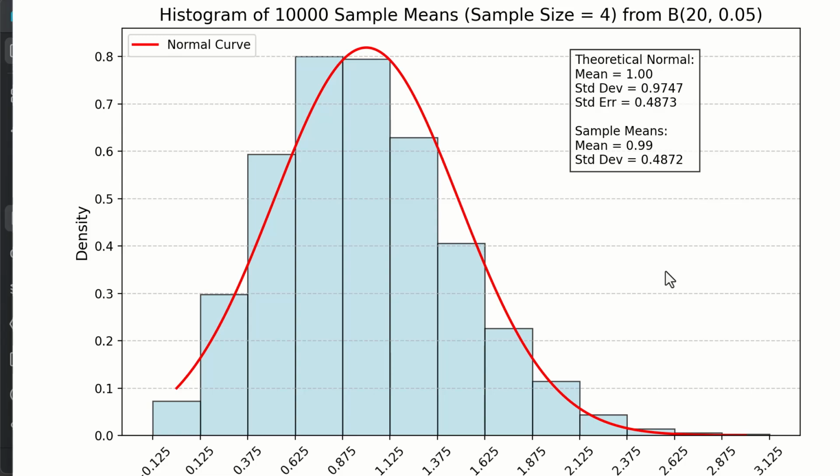Hopefully we'll see that as we go through. Notice over here, theoretical normal, we've got those values. The standard error, theoretical, is just the previous value divided by 2. And look how close this one is. The standard deviation of the sample means is very, very close.